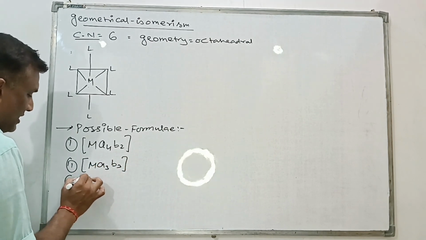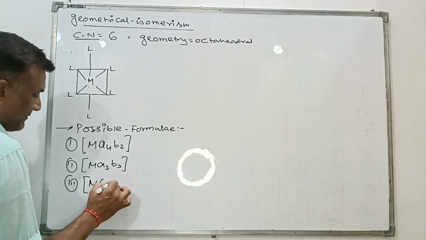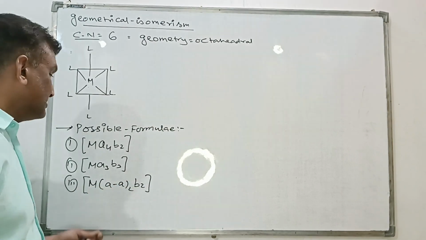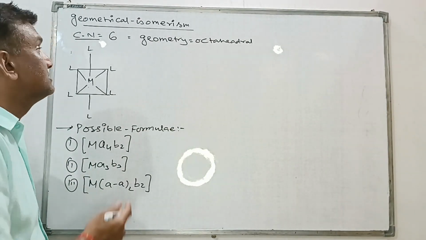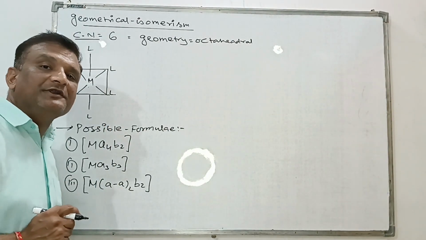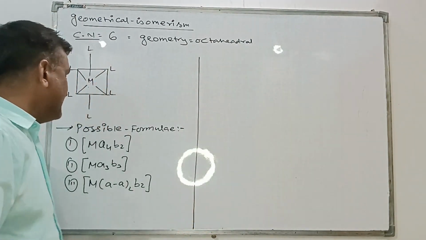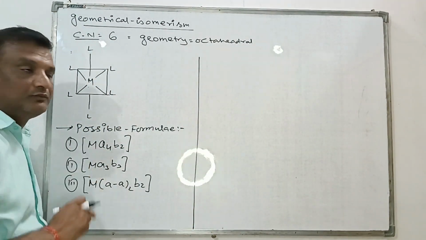Third possible formula is MA2B2 (M A A 2 B 2). These are the 3 important formulae regarding geometrical isomerism in coordination number 6. First of all, we'll go with the formula MA4B2.